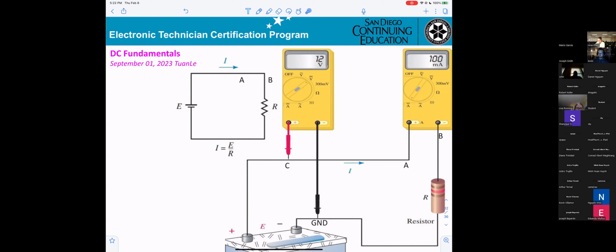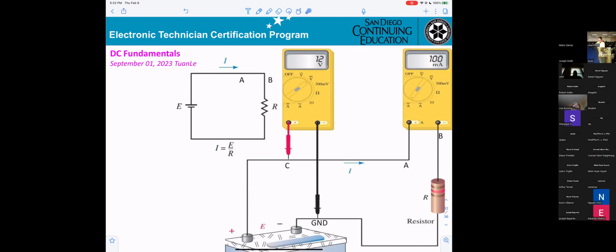However, when you want to measure the current, the first thing you have to do is change this one here. Connect to the current side, and you connect one side of the resistor.